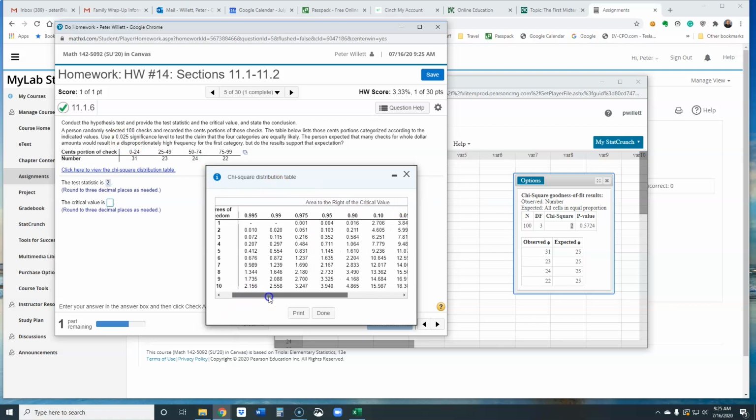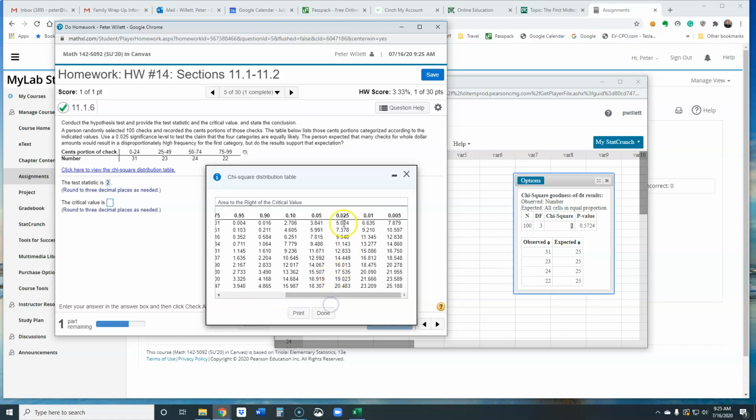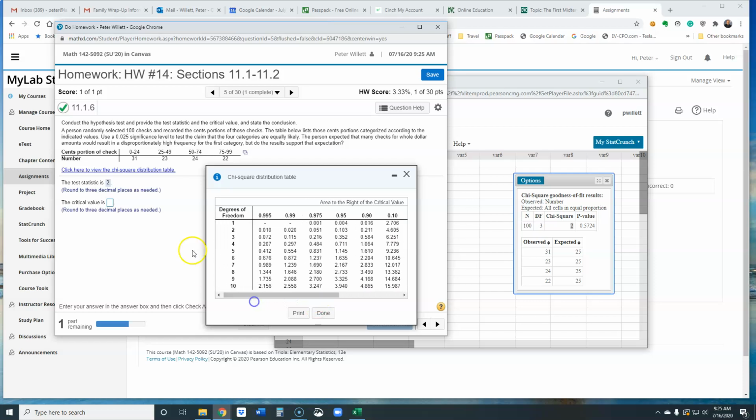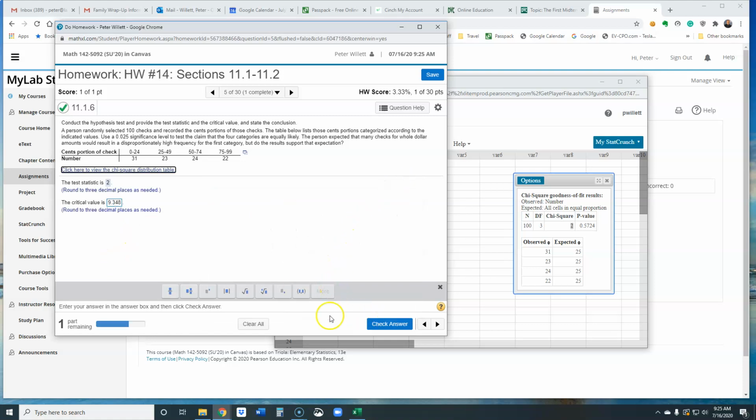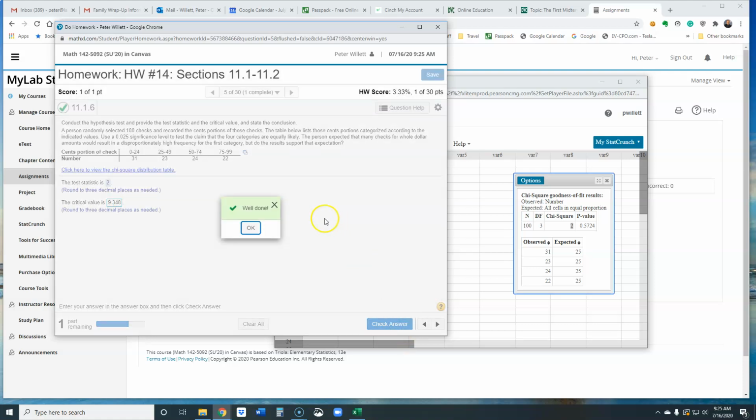So I have to scroll over here, and I go to 0.025, and I go down to the third level, because that's where degrees of freedom was 3. And I get 9.348. I'll copy that. And again, third level. Yes. So I'll put that in. Check my answer. So that's how we get the critical value.